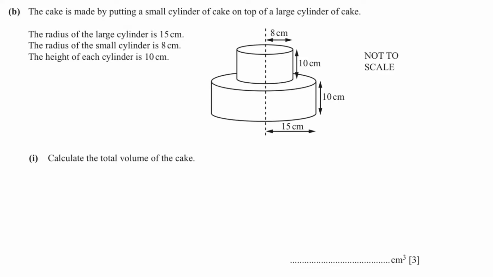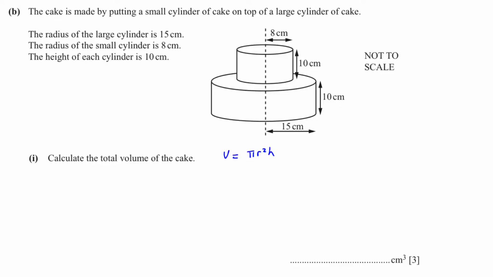Part B. The cake is made by putting a small cylinder of cake on top of a large cylinder of cake. The radius of the large cylinder is 15, the small is 8, and the height of each cylinder is 10. Calculate the total volume of the cake. Volume of a cylinder can be found by using the formula volume is equal to pi r square h.